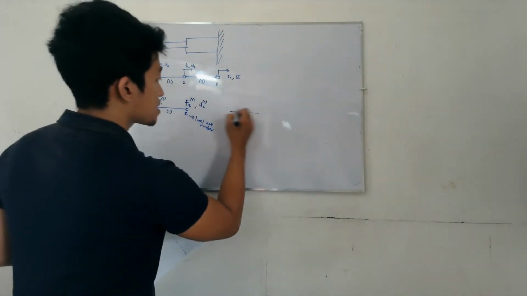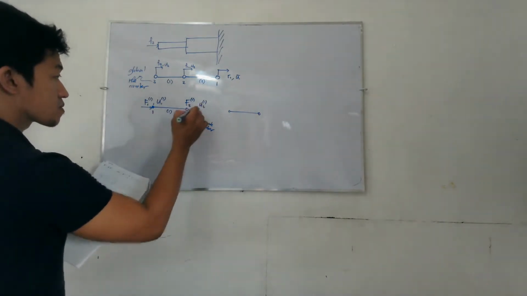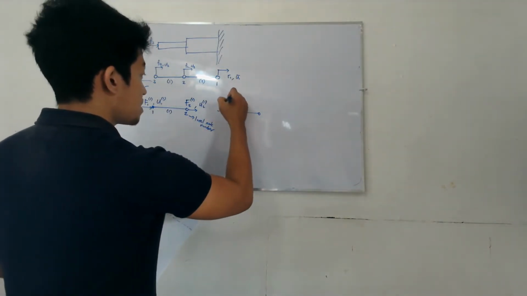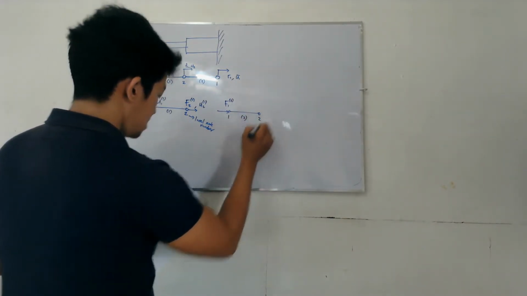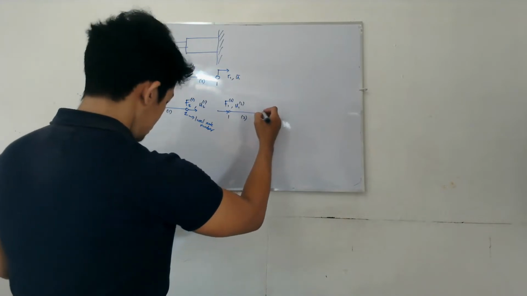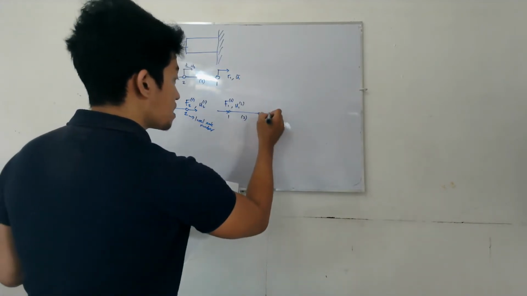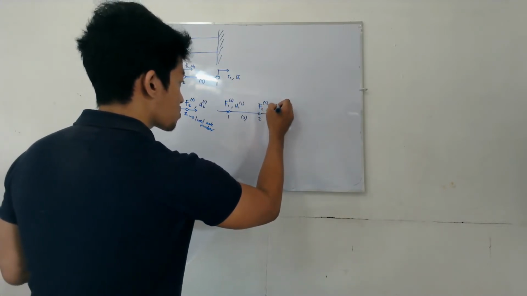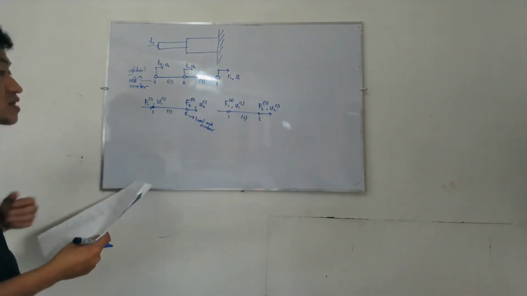That is element 1 with F1, and then element 2: U1 of element 2, F2 of element 2, U2 of element 2. Okay? This is the free body diagram with local node numbers.